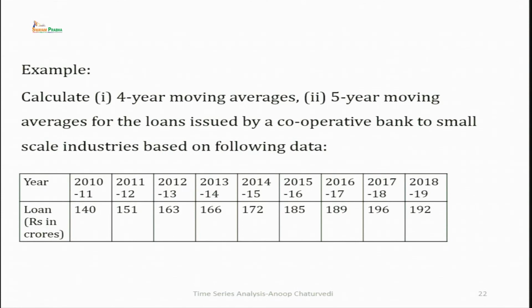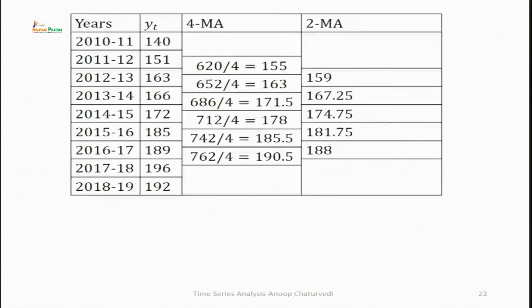Briefly, I will discuss this example. This is the time series data. So, you can calculate 4-year moving average as well as 5-year moving average for this data set. So, for 4-year moving average, the procedure is very simple. First, you take the observations 140 to 166. You add all these observations, divide it by 4, you get the value 155.